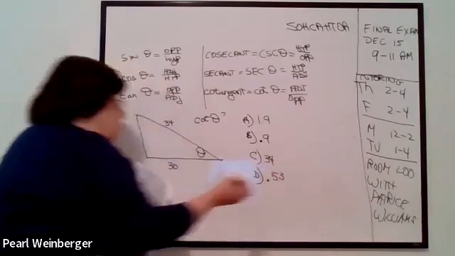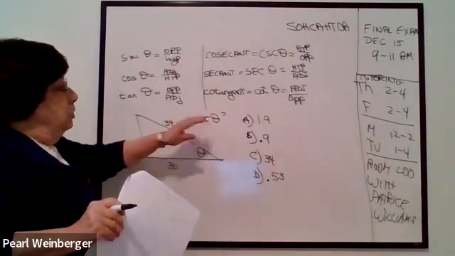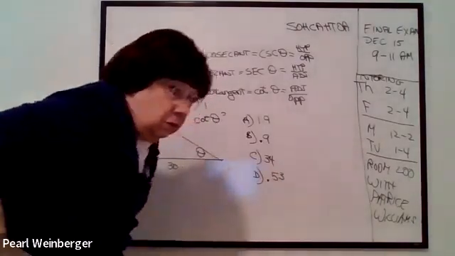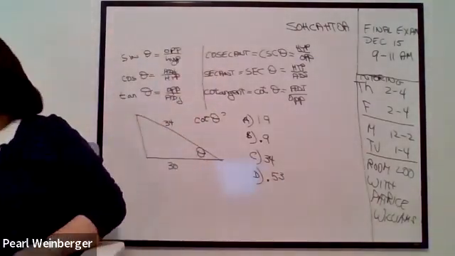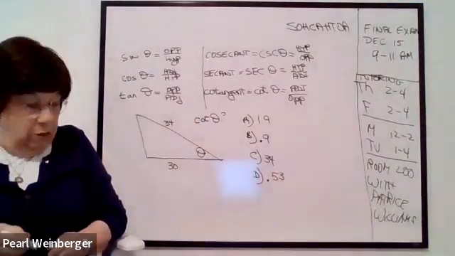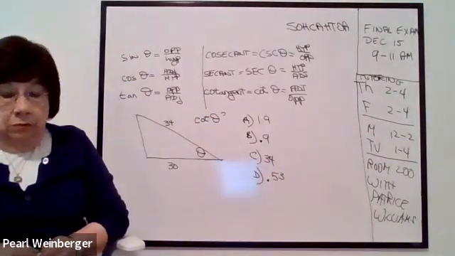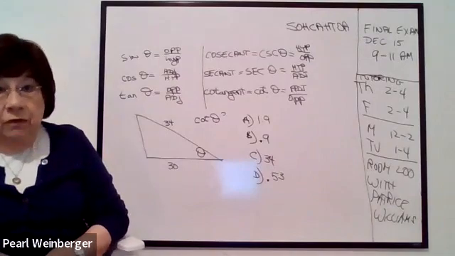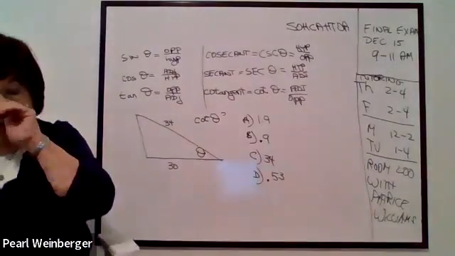Okay, so these are the four answers they gave us. Which one of these values is the one that's closest to the cotangent of theta? I'm going to give you a few minutes to try it, and then we'll do it together.